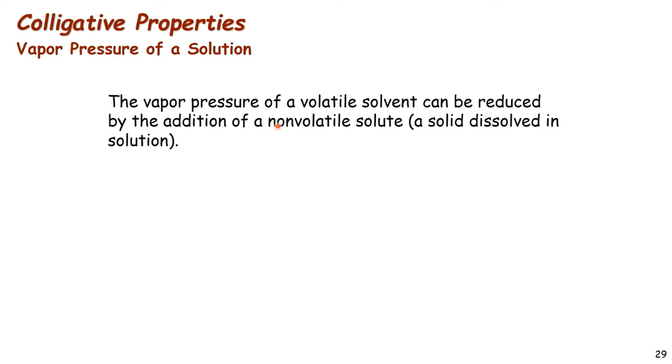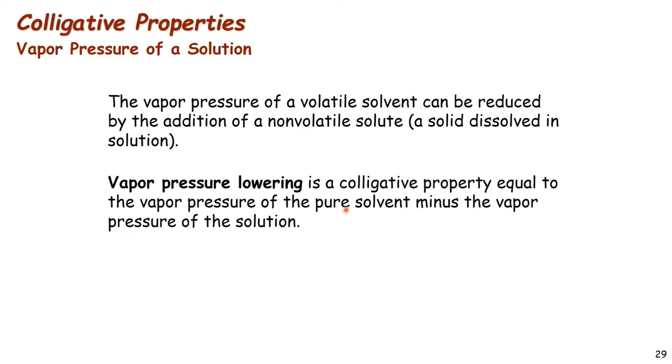Basically, if it evaporates, it's volatile. If it does not evaporate, it's non-volatile. Okay? So the vapor pressure is going to be changed, and it's going to depend on whether the solute is volatile or non-volatile. So we're going to have two different equations depending on whether or not the solute is volatile or non-volatile.